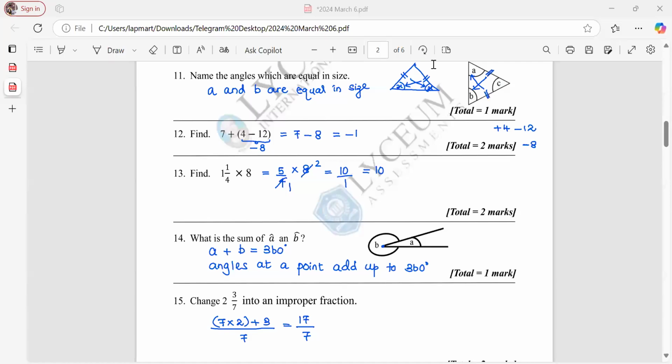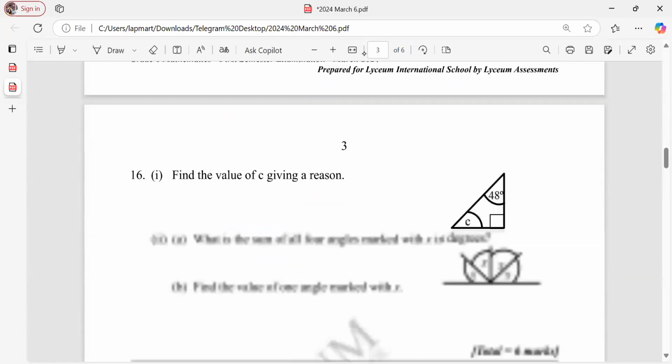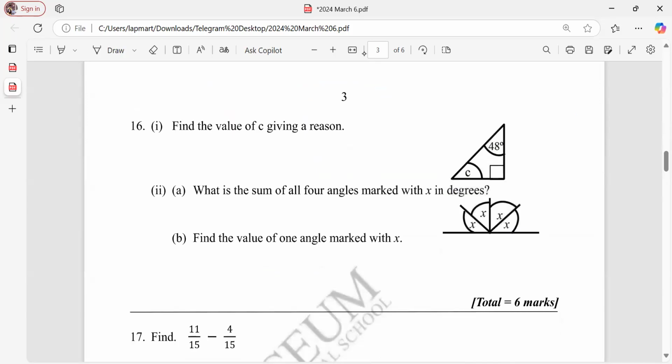Right, so then we will move to the next question. It is: find the value, giving reasons. Now, when you see this small box, we know that is 90 degrees, a right angle.